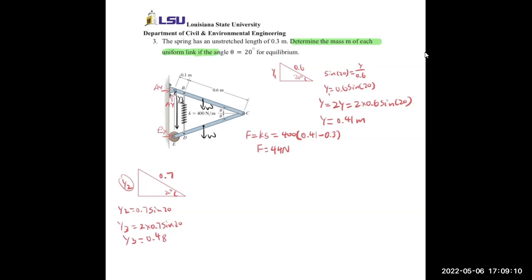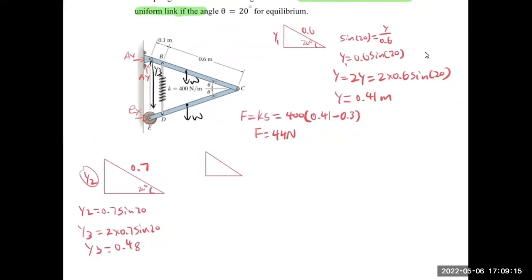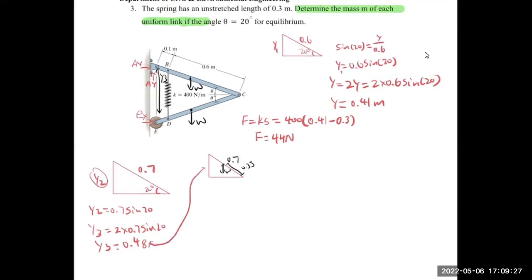Okay, so let's draw this as well. It's 0.7. And we know that half of this distance will be 0.35, right? And this one right here is just half of 0.48.